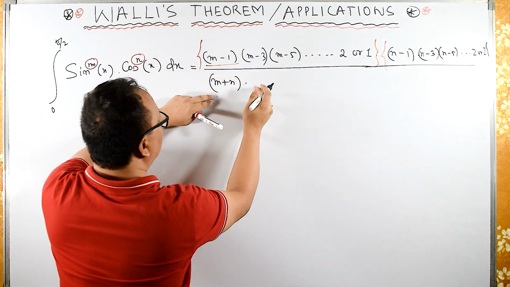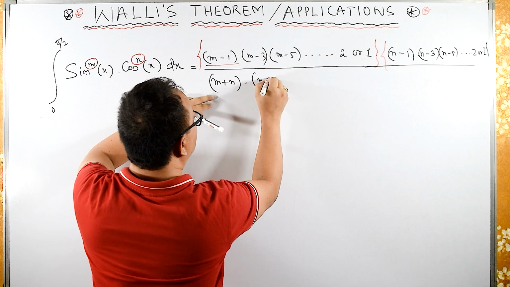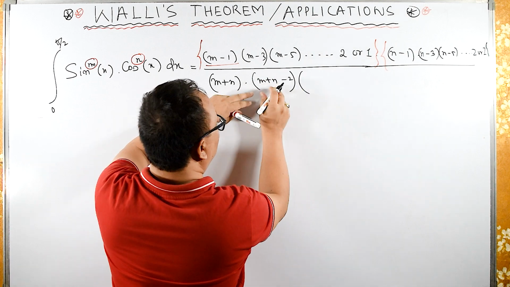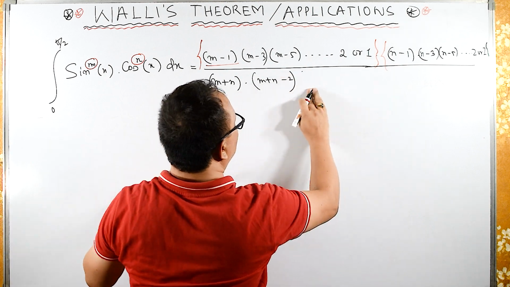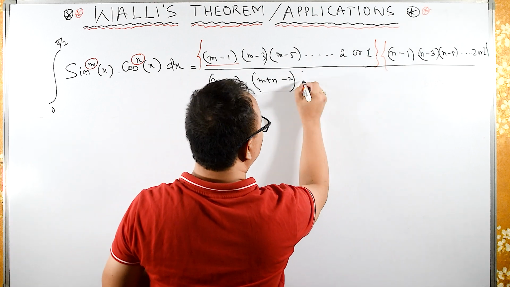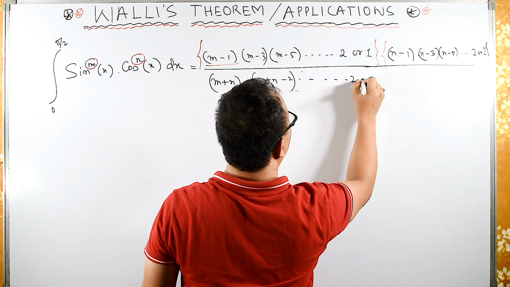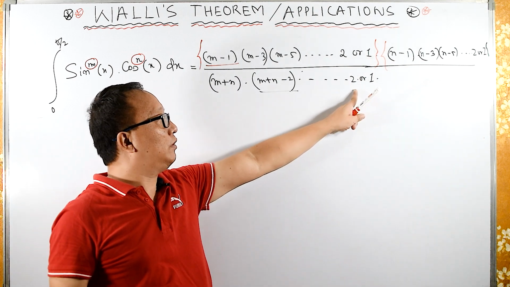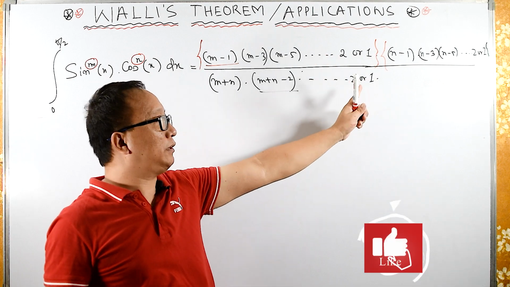From this you decrease 2, here m plus n minus 2, and keep decreasing 2 successively until you get either 2 or 1. If you have 2 or 1, you have to stop at that particular number.